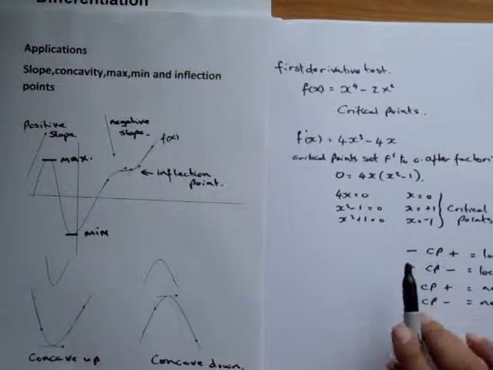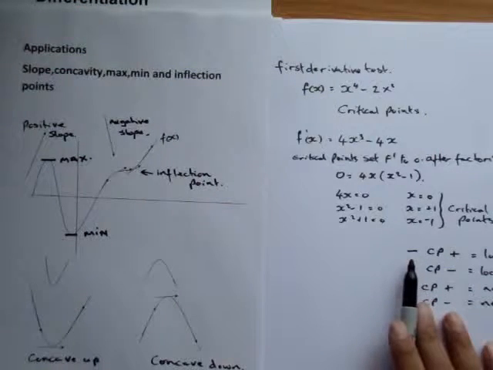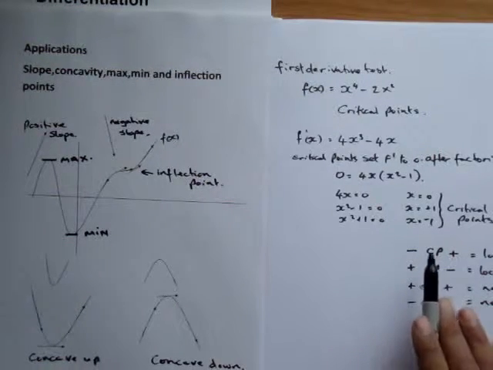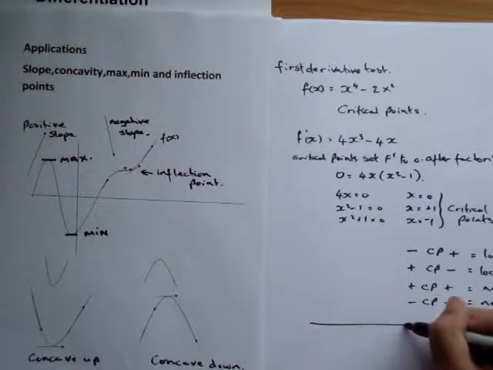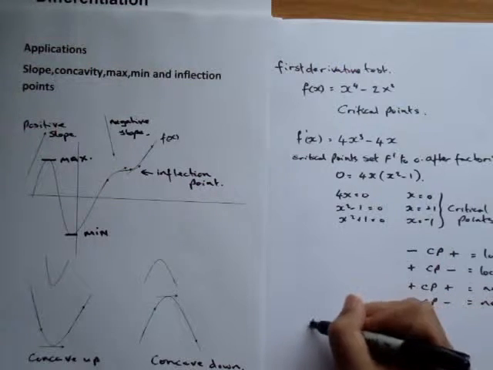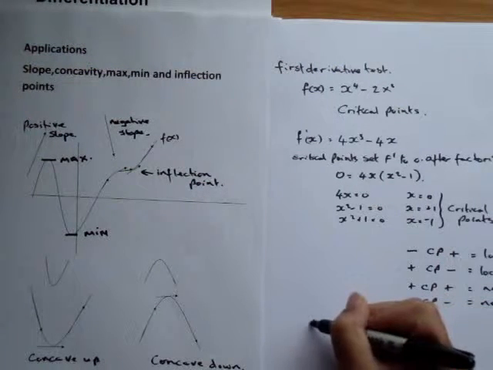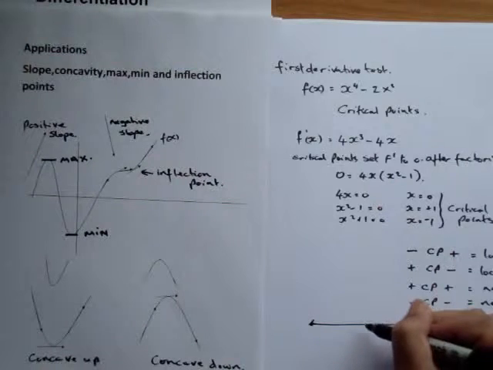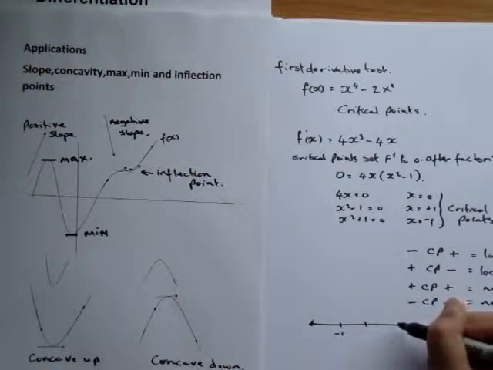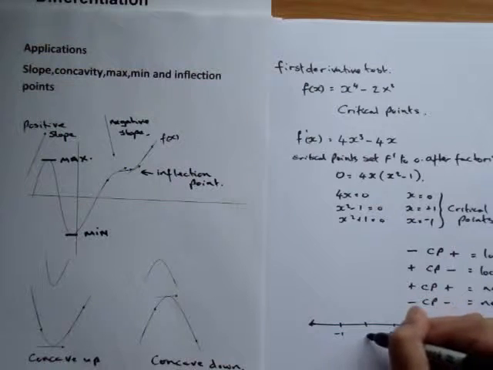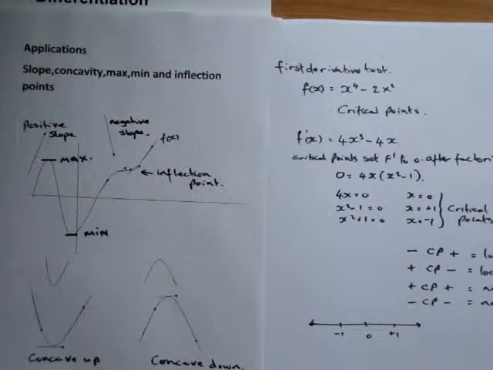To find these minus and plus gradients before we reach the critical point, we draw a number line, and we put our critical points on the number line, so we would have -1, +1 and 0. Those are our three critical points.